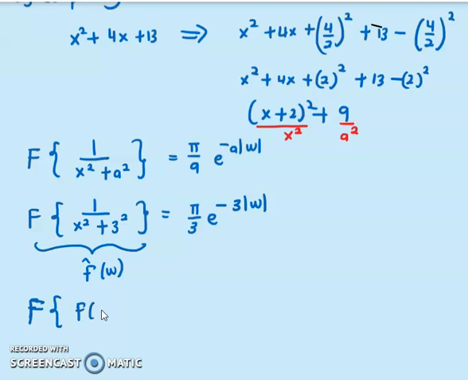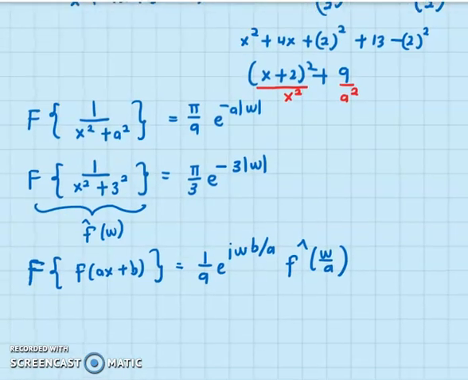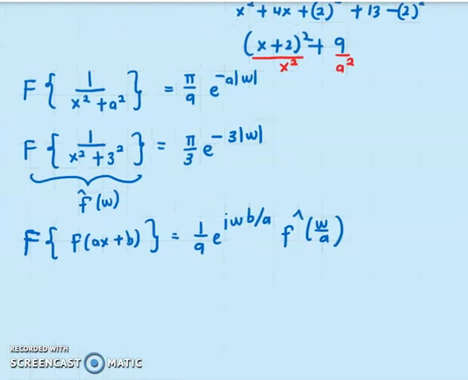Now we want to use the translation formula. The Fourier transform of f of ax plus b is given by 1 over a, e to the i omega b over a, f hat of omega over a. Okay, the translation we want to make now is x plus 2.